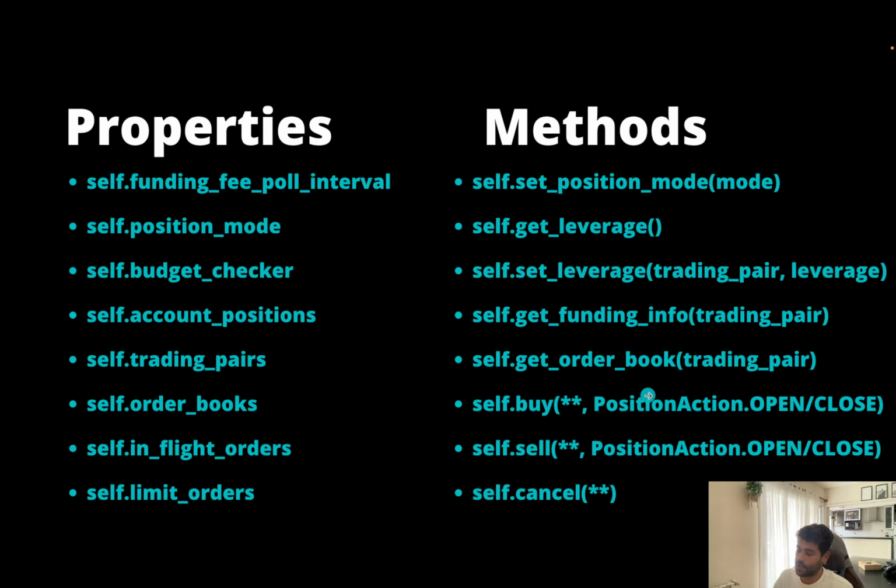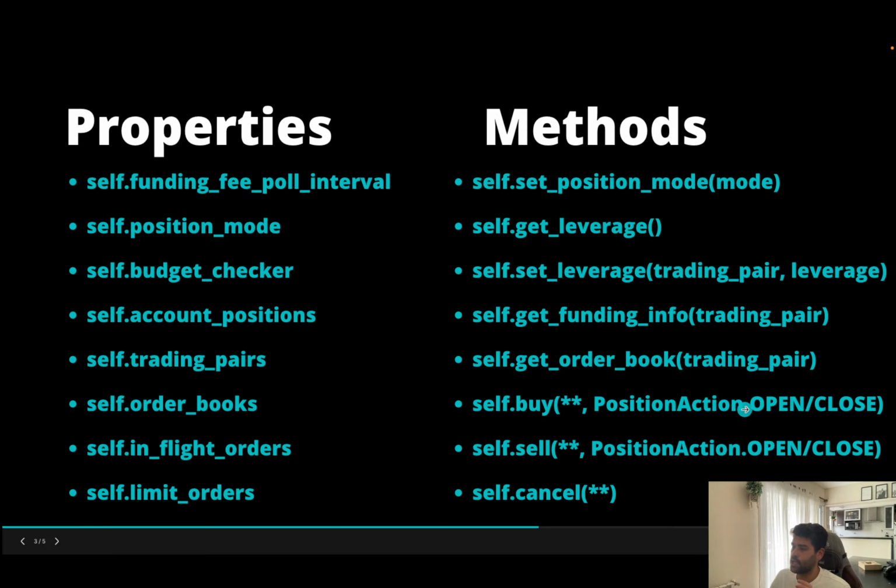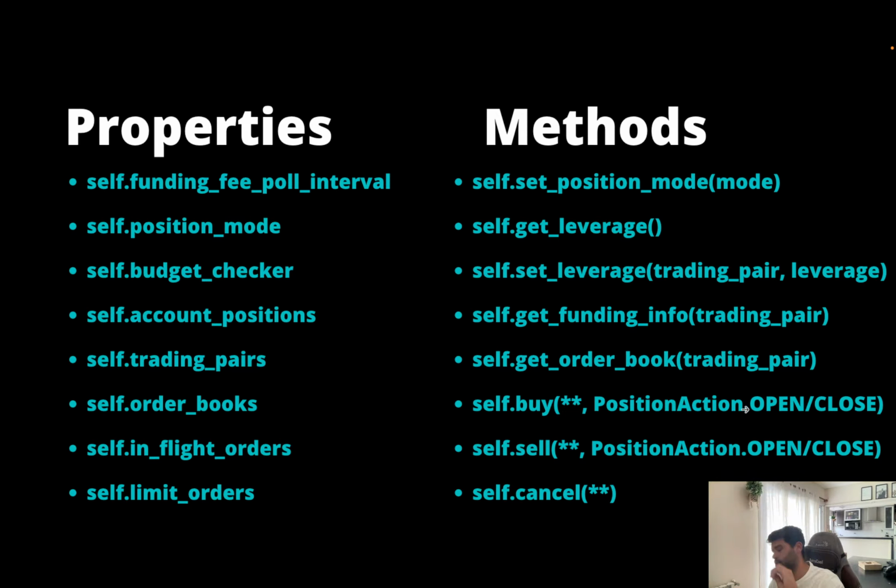You don't have to add the position action when you are sending a spot order, but here yes, it's necessary, because you have to say if this order is to open a new position or to close one of the positions that you already have in the market.